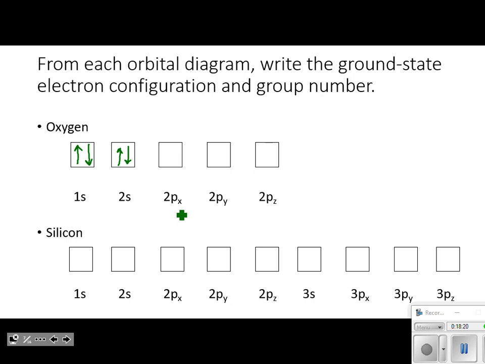So I go here, here, here, and then finally I can put 2 in one box because I have 1 in every other one. So if you count my green arrows, 2, 4, 6, 7, 8, I have 8 electrons represented right there.